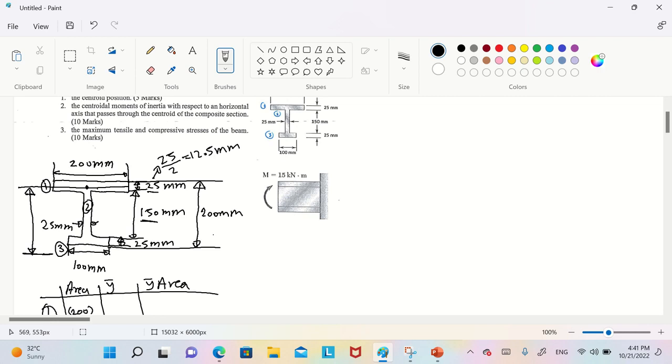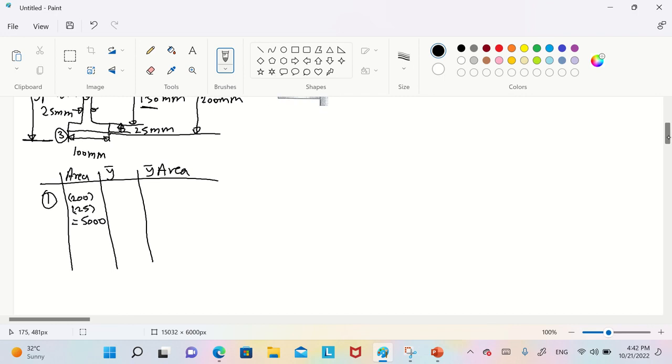So to find the y bar for the first one, we subtract the 12.5 from the 200. So it will be 200 minus 12.5, so 187.5.